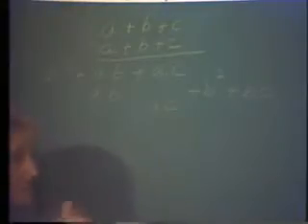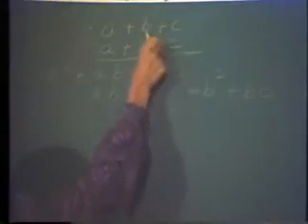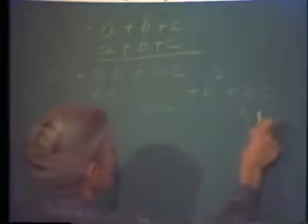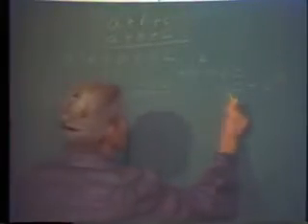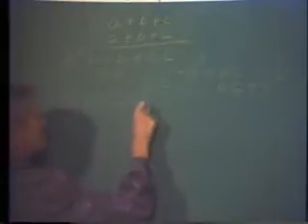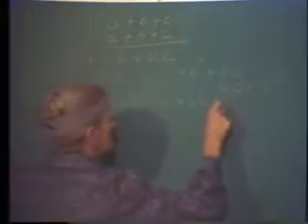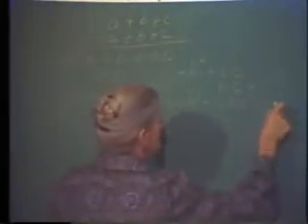Of course we always put the similar ones under each other. BC plus C squared. And that there you have the square of the binomial, of the trinomial.